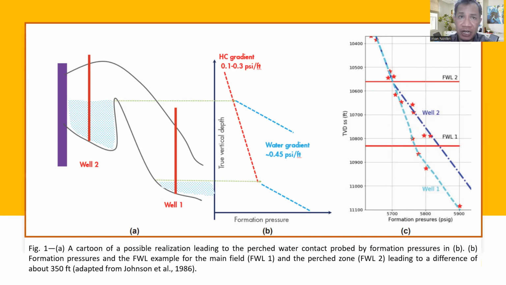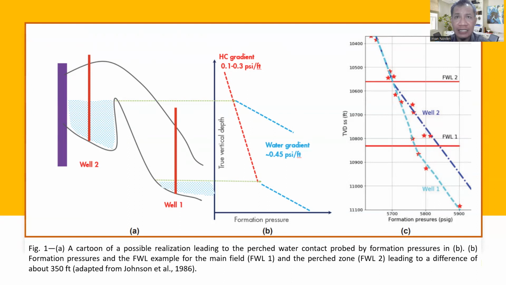The formation pressure and the example of free water level are depicted for the main field's first free water level and the perched zone's second free water level, indicating a difference of approximately, I think, somewhere around 350 feet. This information is adapted from the study by Johnson et al. in 86, which helps in understanding the concept of perched water contact and its impact on hydrocarbon reservoirs.